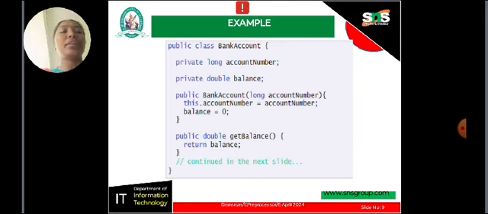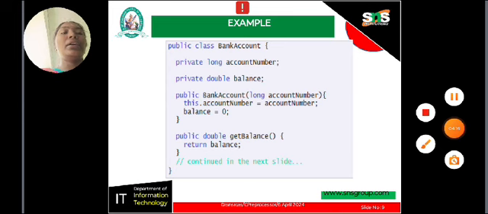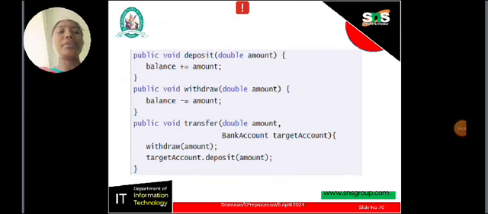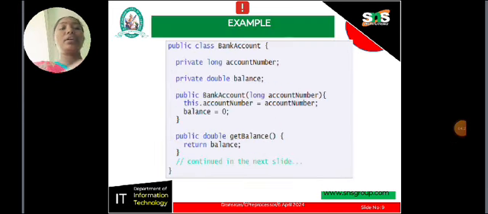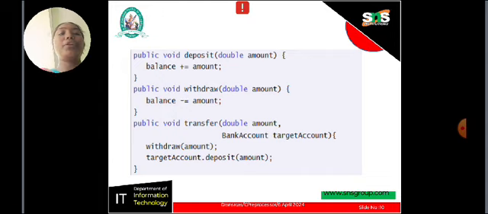Here the public class BankAccount is created, using the private long account number and balance. After that the bank account is set with the balance and account number, and public getBalance returns the balance. The balance is calculated using the amount, both for deposit and withdraw, and the transfer goes to the target account.